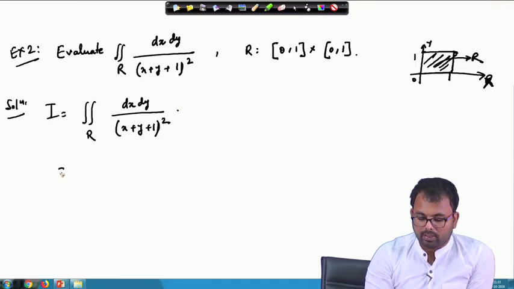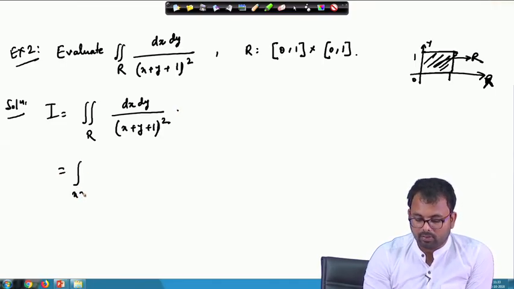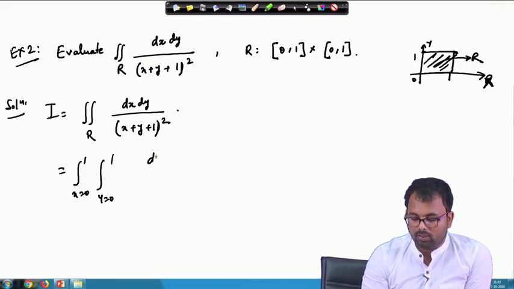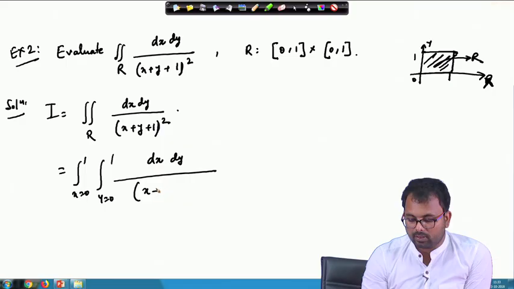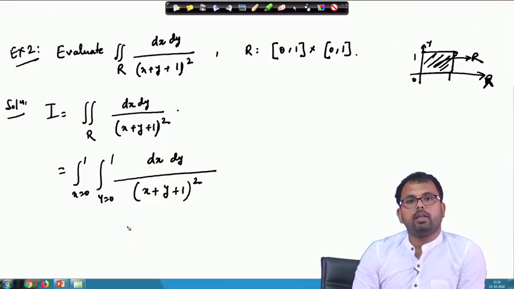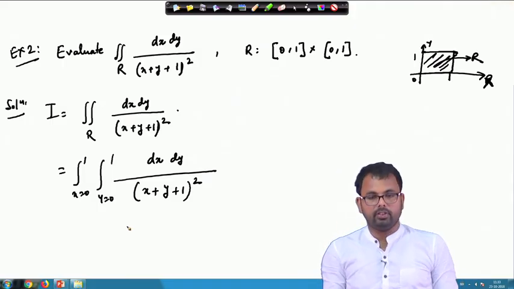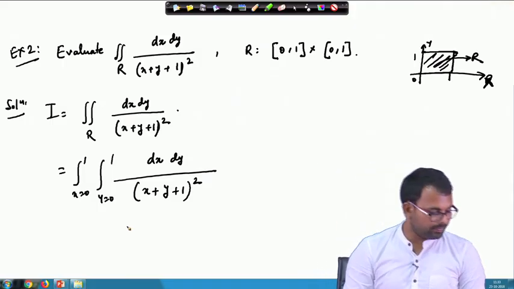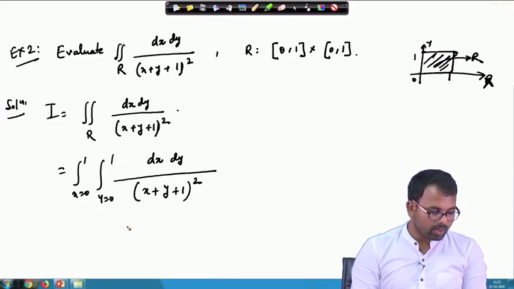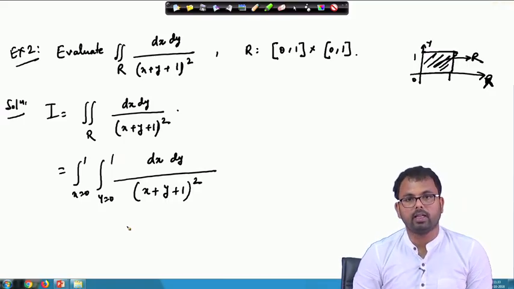So, I can write it as integral x running from 0 to 1, y running from 0 to 1, dx dy divided by (x plus y plus 1) square. So, now I can do that repeated integral calculation here. First I will treat y as constant, and we will integrate with respect to x first.